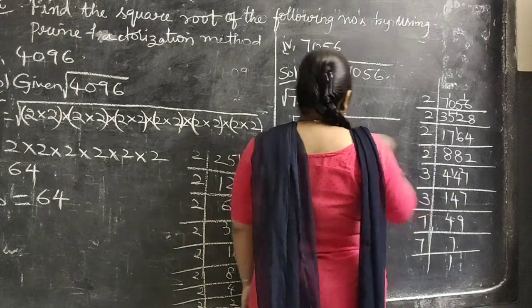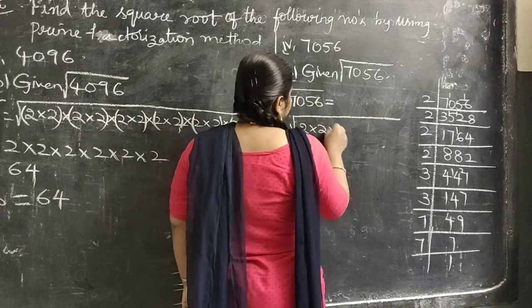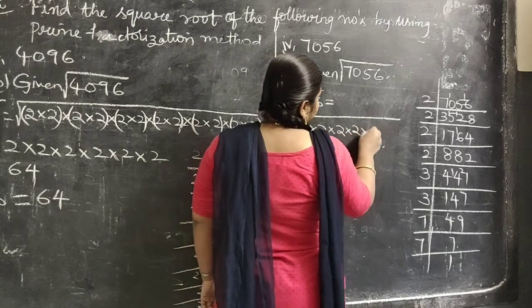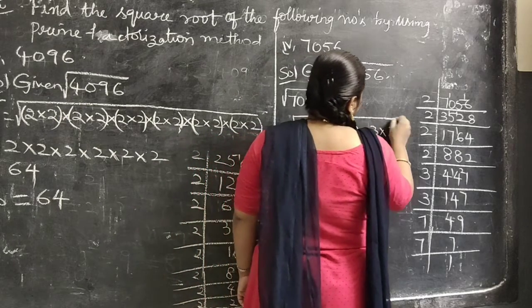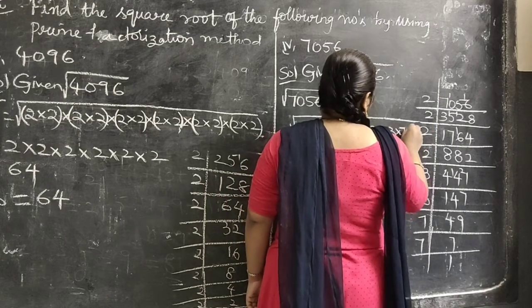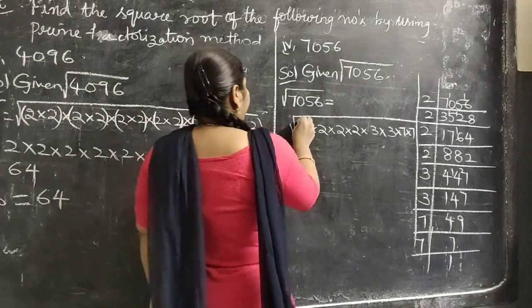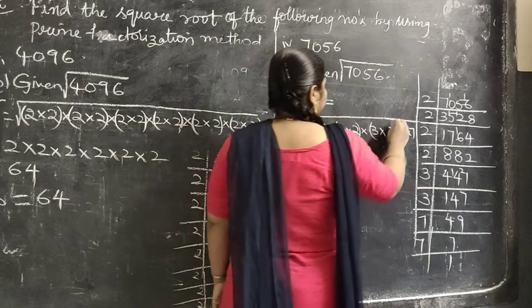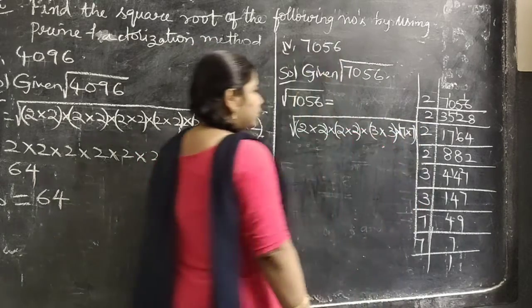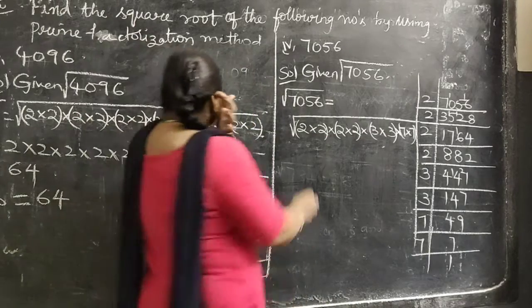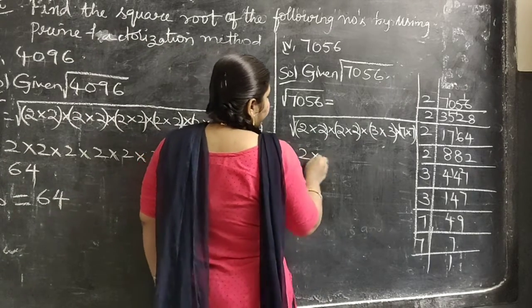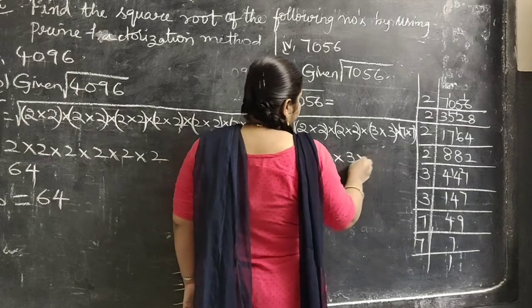Now we can take a 3 table, so 3 1s are 3, 3 4s are 12, 3 table again, 3 4s are 12, 9s are 27, 7 7s are 49, 7 1s are 7. How many 2s did you get? 4 2s. Now, pair. Product of 2 equal factors will become a perfect square. 2 into 2 into 3 into 7.